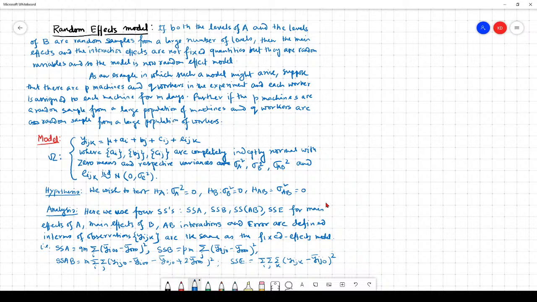Now the model is: instead of Yijk, this is mu plus Ai plus Bj plus Cij plus Eijk. Now replace Yij by this.